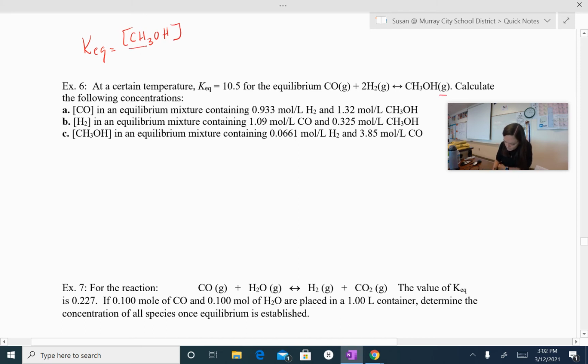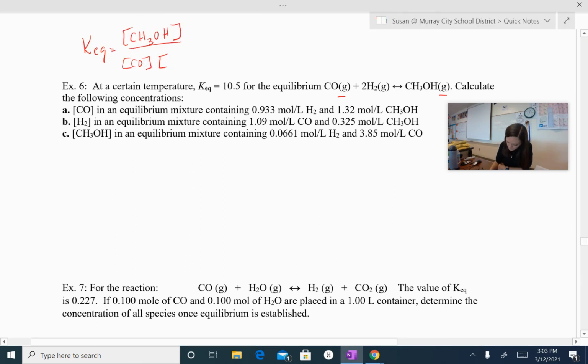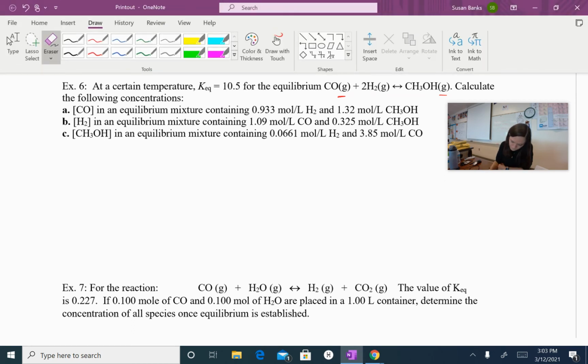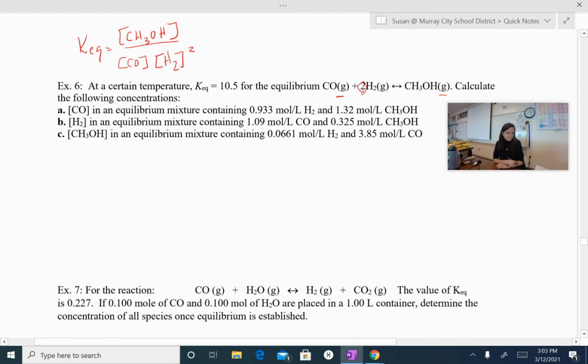We can use that. Carbon monoxide on the bottom, gas, and hydrogen. Oops, not iodine, hydrogen. Now, hydrogen needs to be squared because there is a coefficient of 2 there. Okay? How do you feel about that? Is that what you agreed?